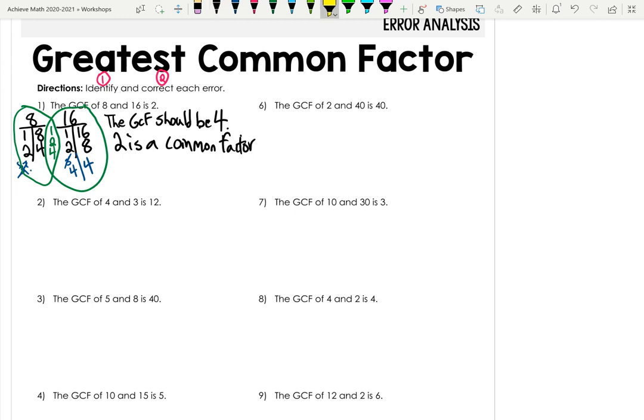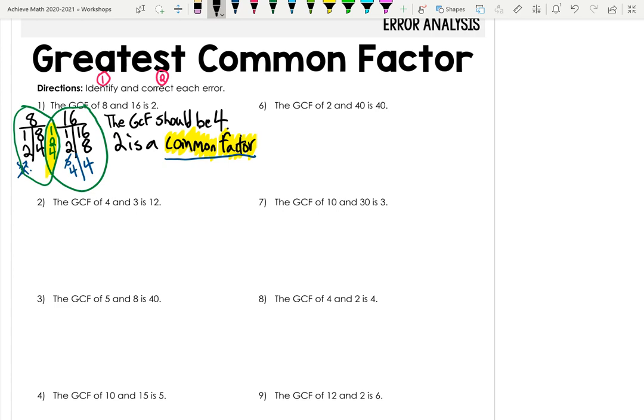Remember, common factor is what they have the same in a math fact. All of these numbers in the middle are considered common factors. The GCF is 4. Notice how I describe this vocabulary. It's going to be in a lot of these.